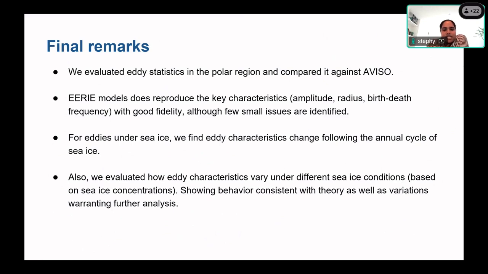And then for the EERIE models, we checked the key characteristics like amplitude, radius, and the regions of high birth and death frequency. And the models seem to have reasonably good fidelity. There are a few issues, just like I said, about the very large radius in the Arctic Ocean for HARGEMS, or a few areas where that might be an issue.